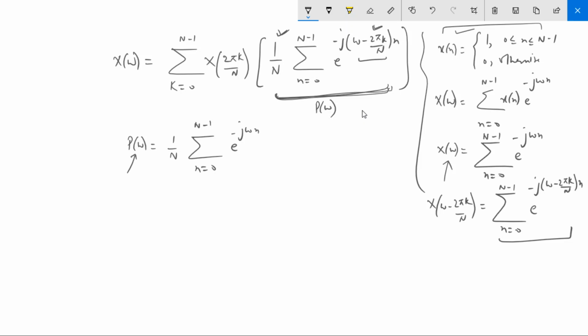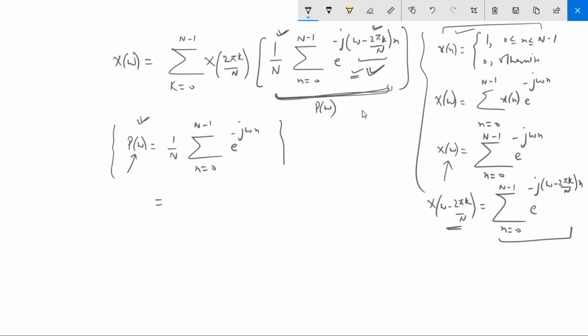And this function is shifted in frequency by 2 pi k by N: in place of omega, if you write omega minus 2 pi k by N, you will get this function. So this is the interpolation function. The shifted versions of this function are basically used in this equation.